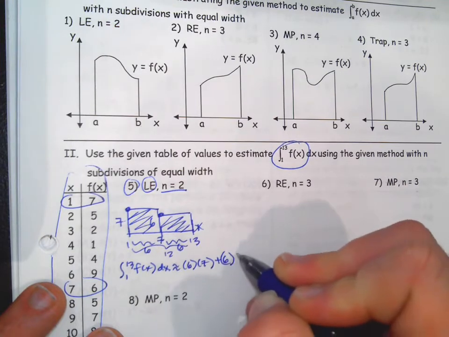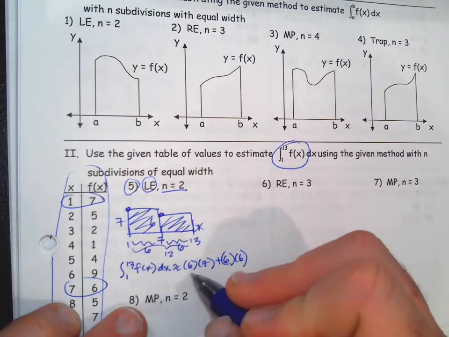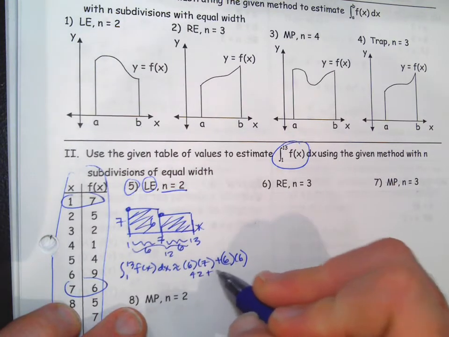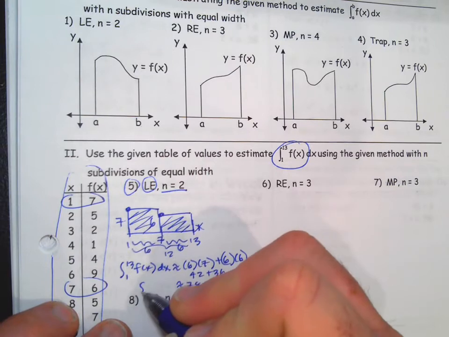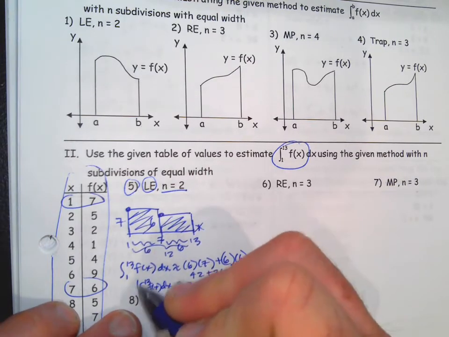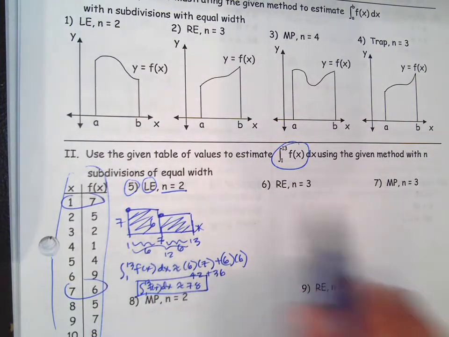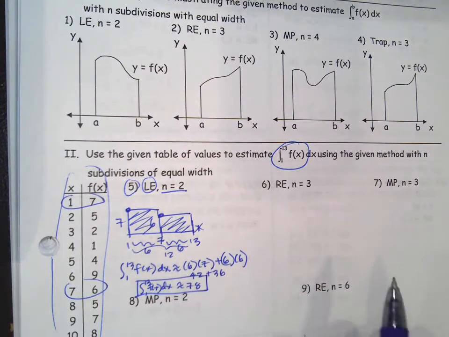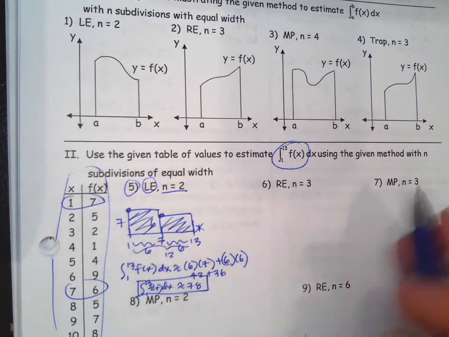I want to see the work, just like a free response problem would require. And so that's going to be 42 plus 36, so that's going to be 78. So the integral from 1 to 13 of f of x dx is approximately 78. So that's what you're doing on all these. I would draw little pictures, and you're trying to pull certain values out of this table for different problems.